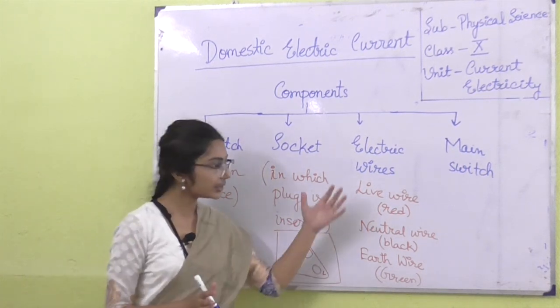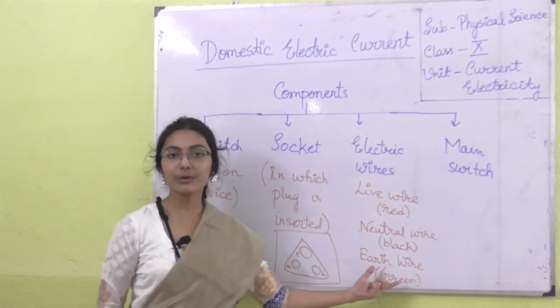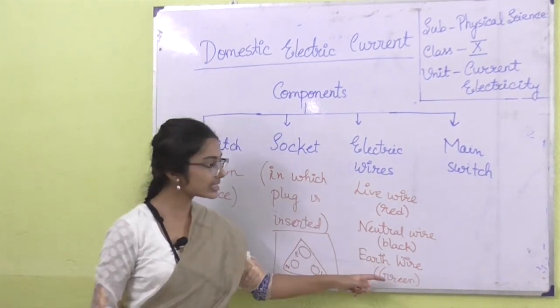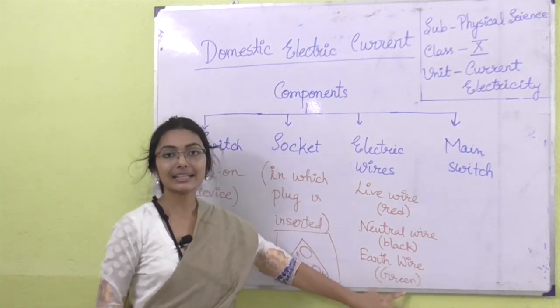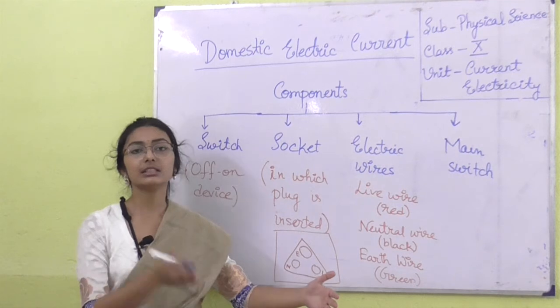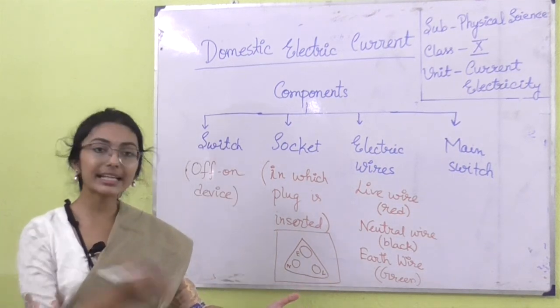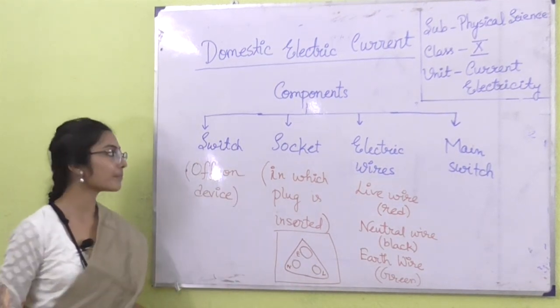So to reduce that accident, an earth wire is always used, in which earthing takes place. Earth wire is green in color. Earthing is done for avoiding accidents due to electric shock.